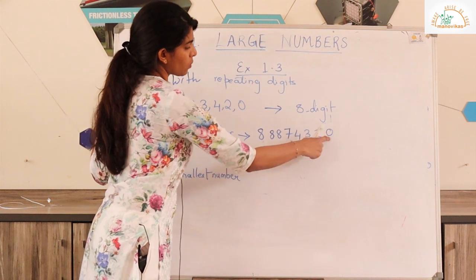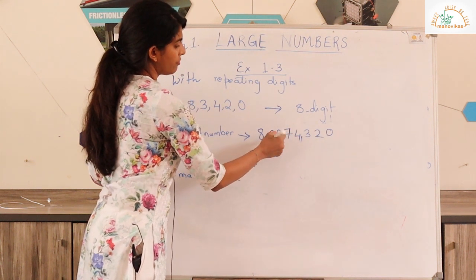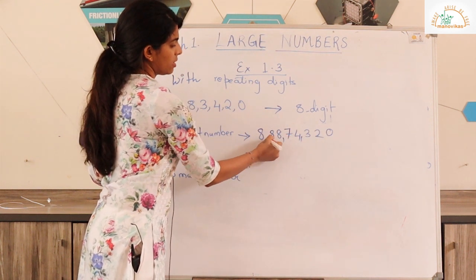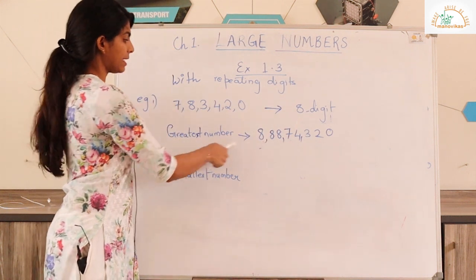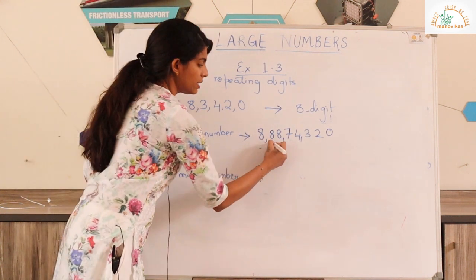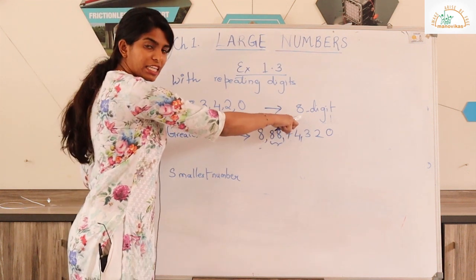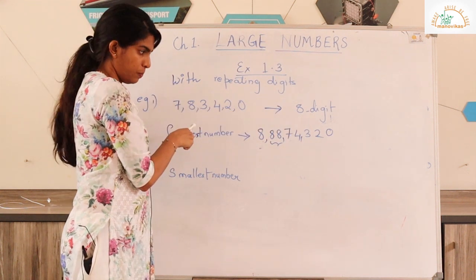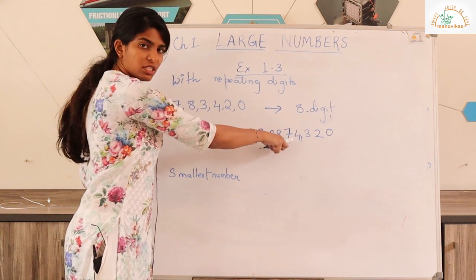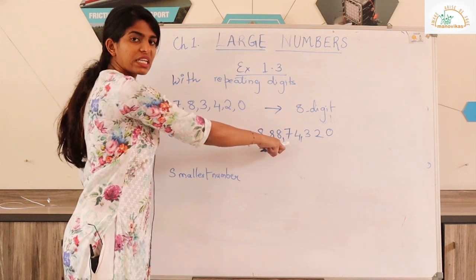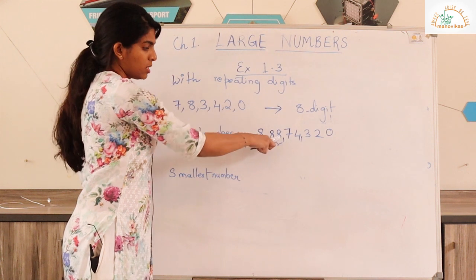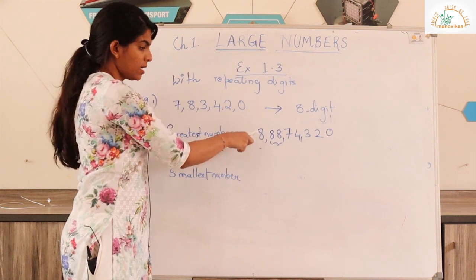Now count the numbers: 1, 2, 3, 4, 5, 6, 7, 8. So this is the greatest number. I have repeated 8 twice because I had to make an 8-digit number from a 6-digit number. I cannot put 7 twice because it won't become the greatest number. I wanted a greater number, so I had to add 8 twice.